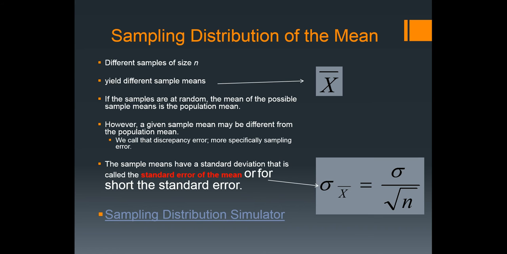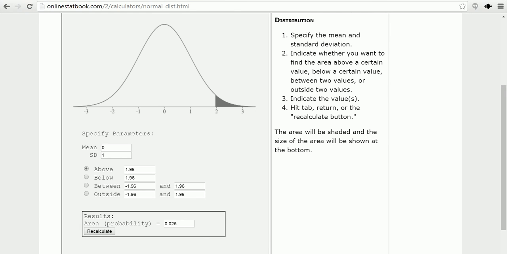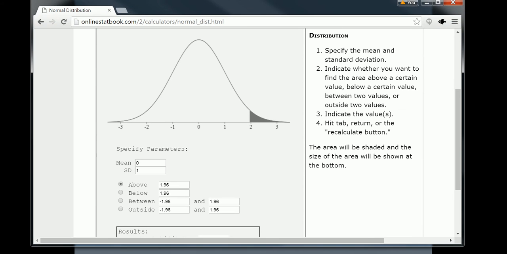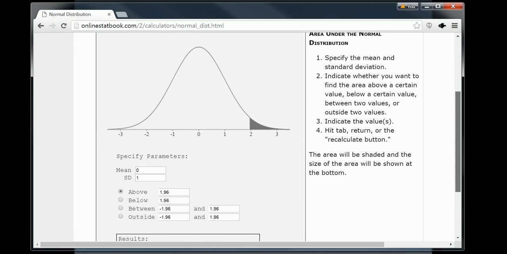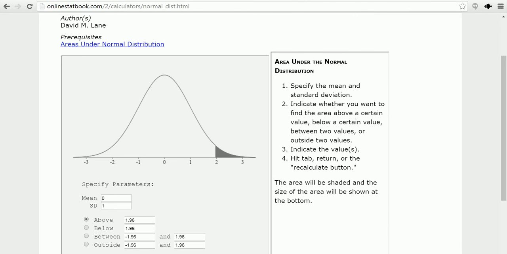So we can take a look at this in a sampling distribution simulator. That's not the sampling distribution simulator, that's the normal distribution.